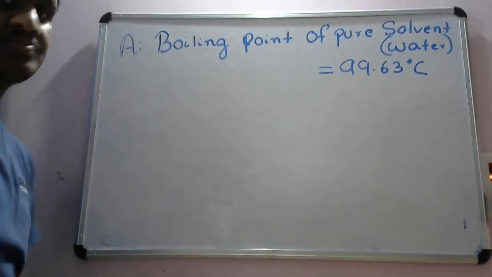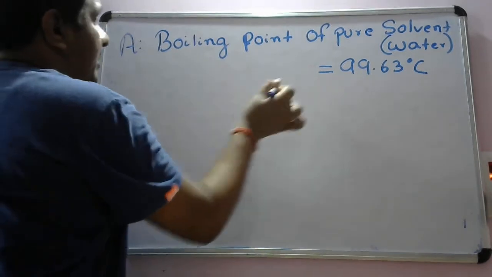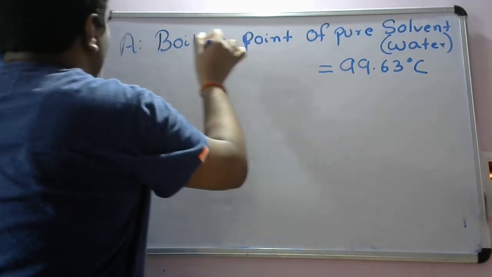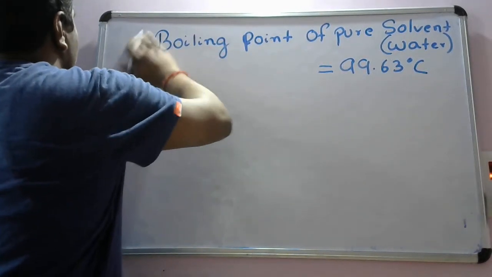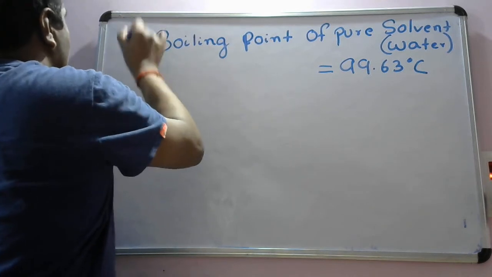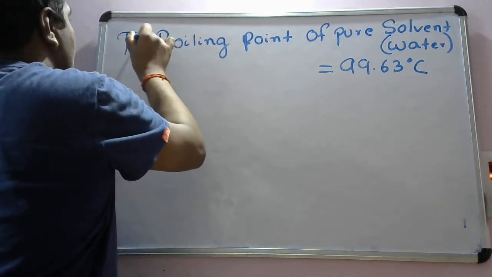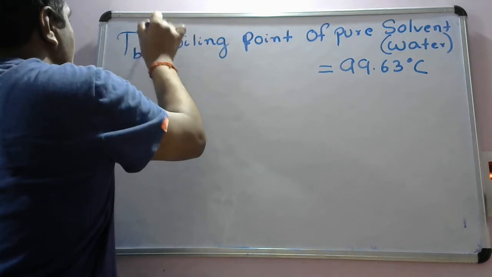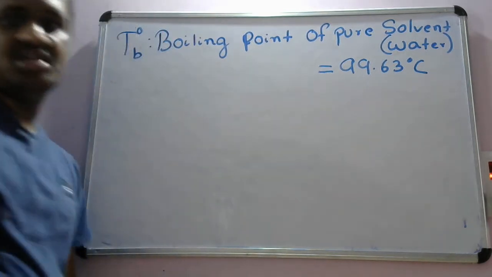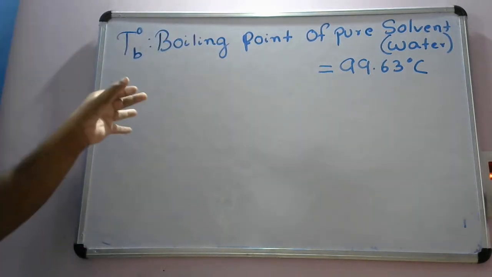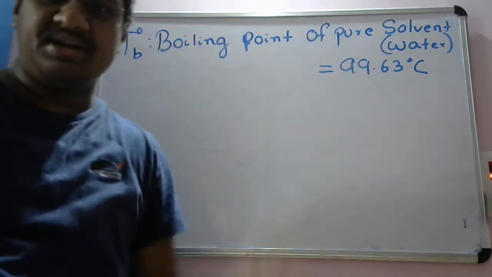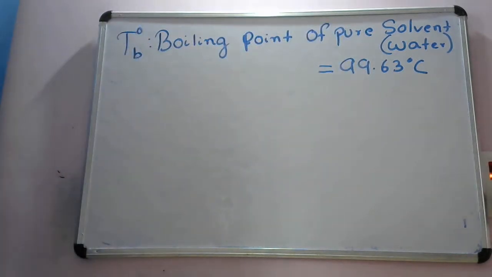Now, let us give a symbol to the boiling point. The normal symbol we will use is Tb naught. Tb naught means the boiling point of the pure solvent, or pure water, which is 99.63 degrees Celsius.